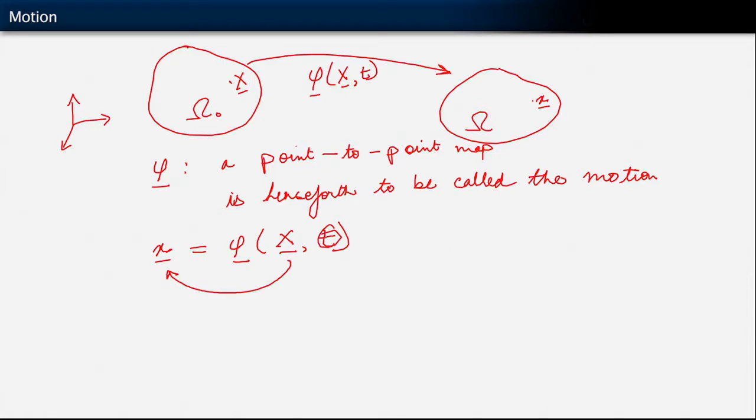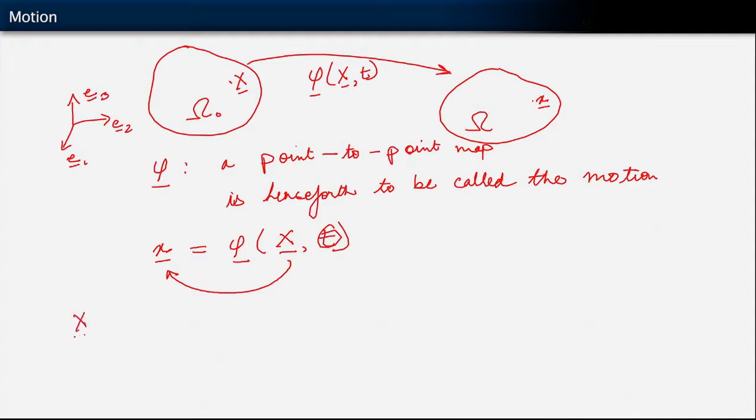Okay? All right. Let's introduce some notation for all of this. Observe, of course, that capital X and little x are vectors, right? So now we can write them out in terms of their components relative to our basis, right? Our basis here is E1, E2, E3. Okay?